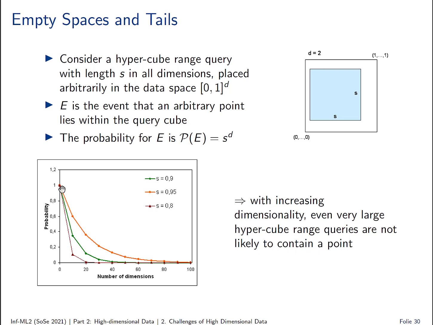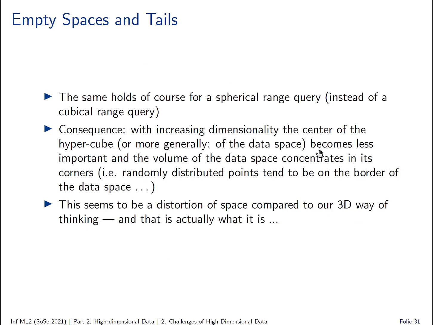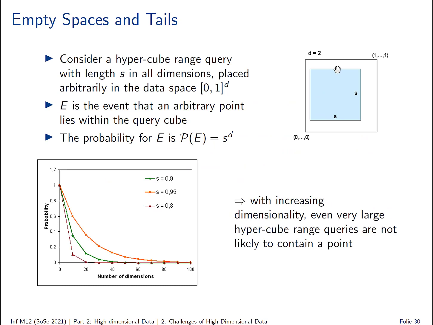You see here that it's just going down. So for 80 dimensions, even for a very, very big hypercube, the green one here, the probability is more or less 0. Meaning that in high-dimensional spaces, all of the points are outside of the blue one. It's somewhat counterintuitive, but if you actually think about it, it's very clear.